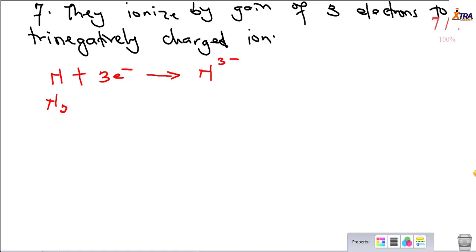To balance that, we have N2 plus 6e- to give us 2N3-. And this is balanced. Now, what this tells us is that being group 5 elements, they have 5 outermost electrons and need 3 more electrons to form a stable octet, right? So you can see that it gains 3 electrons to form an anion. And what kind of anion is this? It's a tri-negatively charged anion.